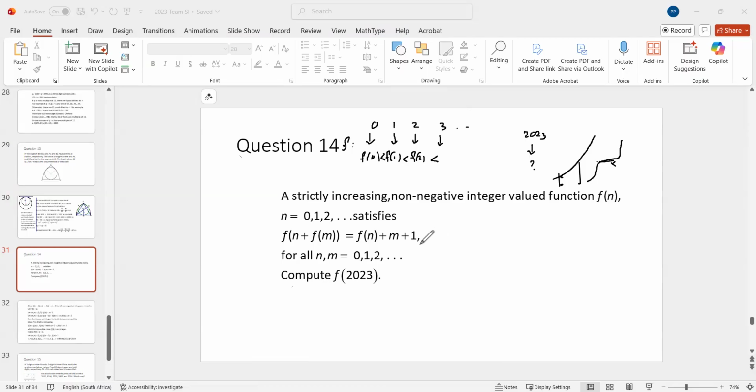Now, as a starting point, with this funny looking equation, let's put both n and m to be zero.